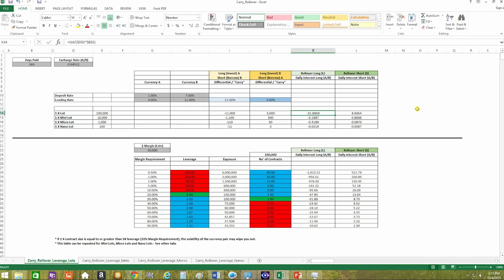And if you're very leveraged, you can get wiped out very quickly, because the currency pair can actually just stay the same price, and you can just pay this every single day without even realizing it, and this will just eat away at your margin, and you'll just get stopped out and receive a margin call.